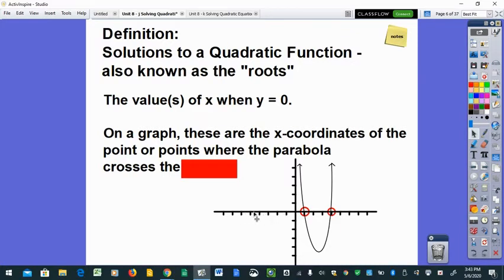Remember that the x-axis has the equation y equals 0. It is a horizontal line, y equals a number, and that number is 0. So on the graph, these are the x-coordinates of the points where the parabola crosses the x-axis.